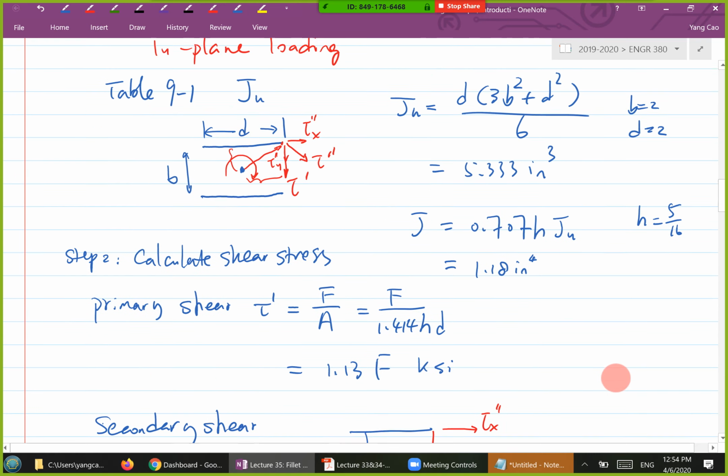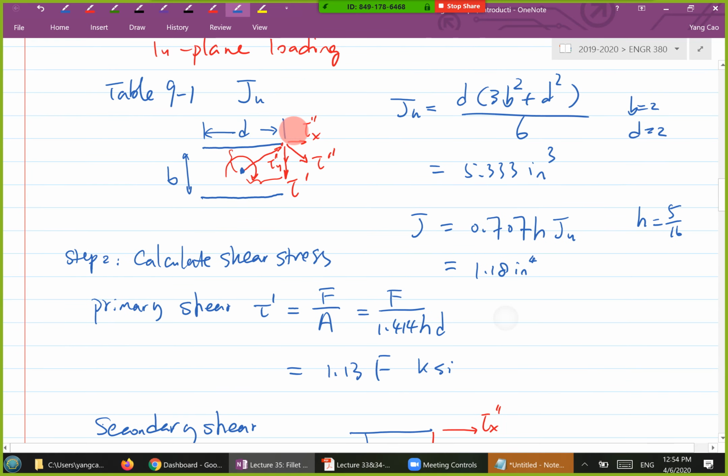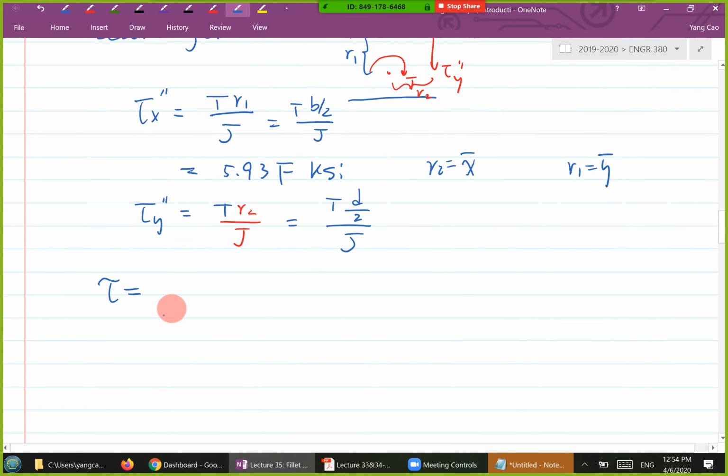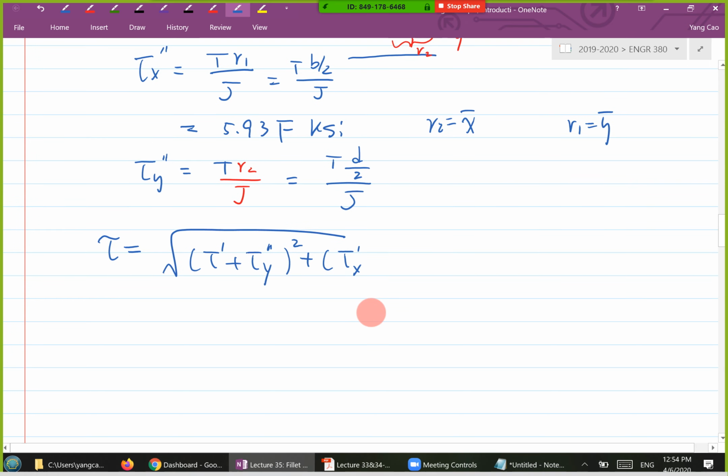What you do is add up all the y direction and all the x direction, then take the sum of the squares and then the square root. So this is tau primary shear, and the secondary shear in the y direction, then the x direction.